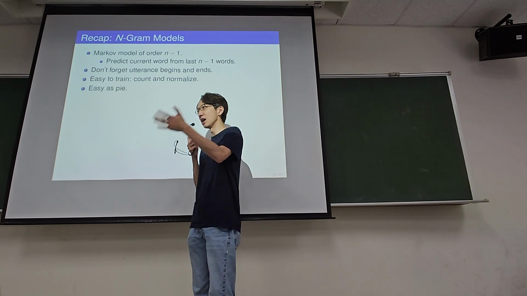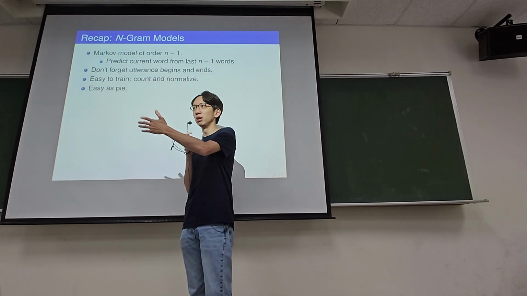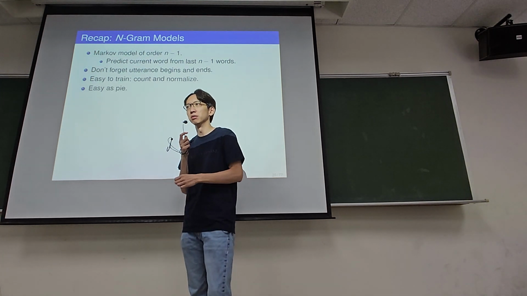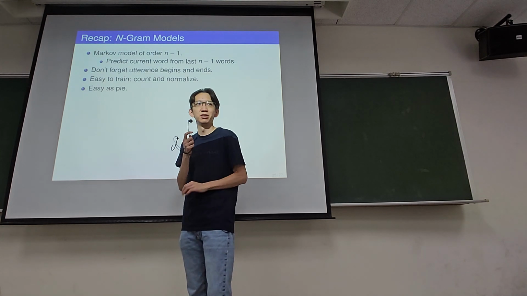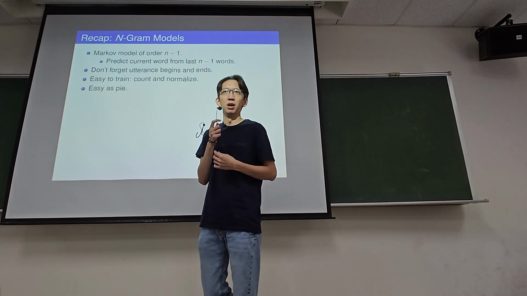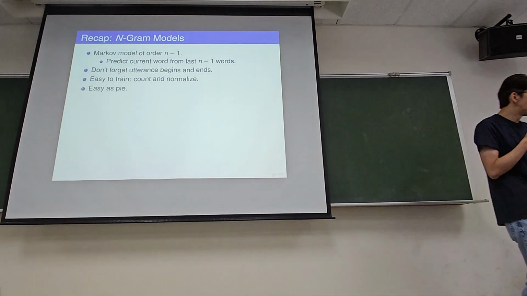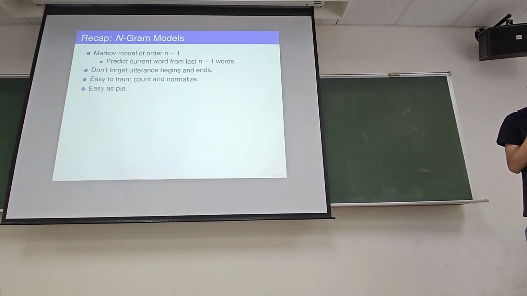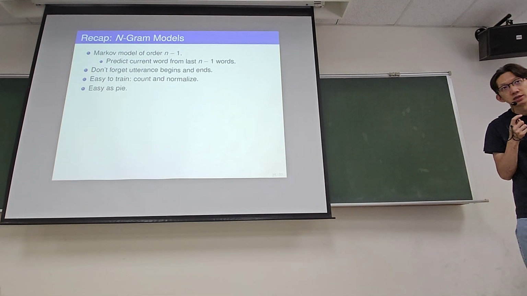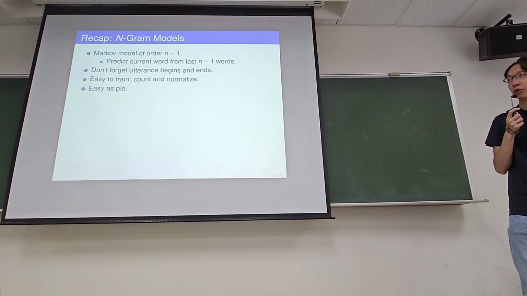All you need to do is count and normalize. Intuitively, it's very easy to understand, and in terms of implementation, very easy to implement. We just need to go and grab data.